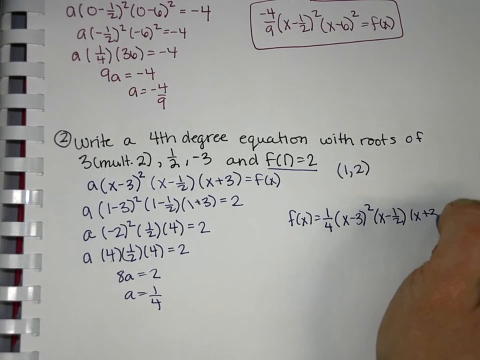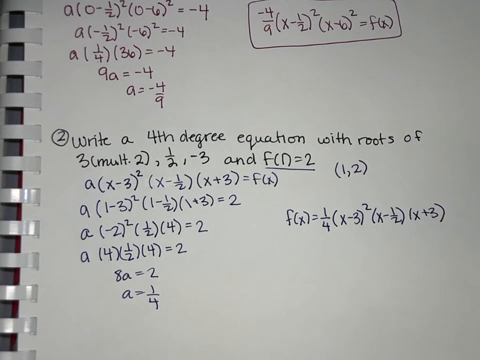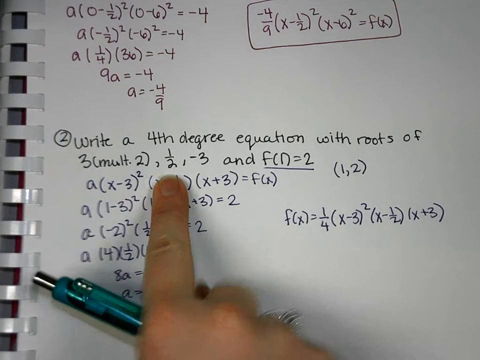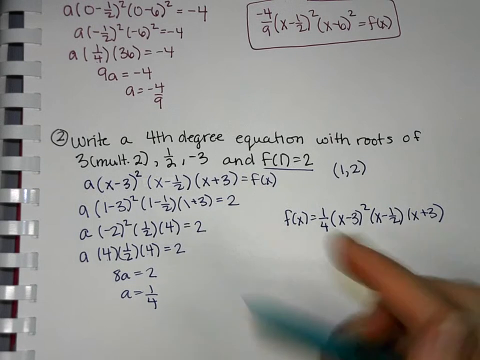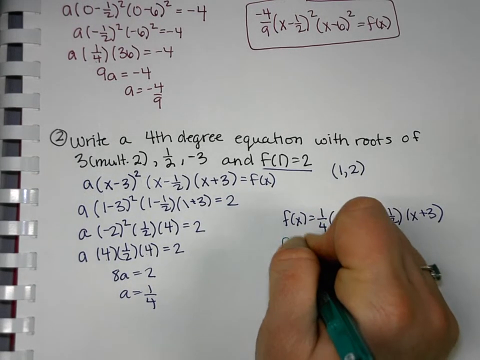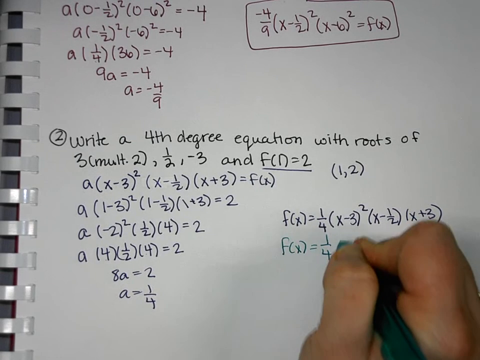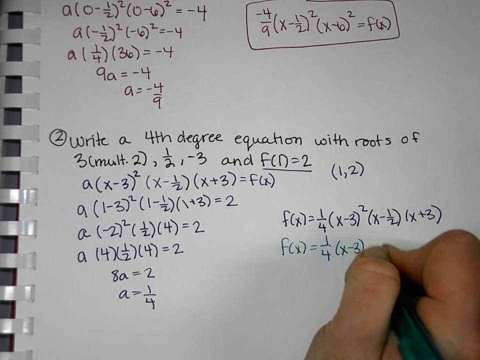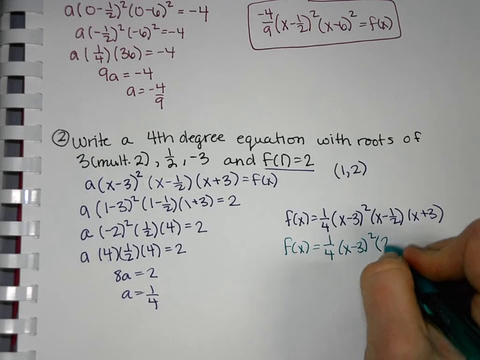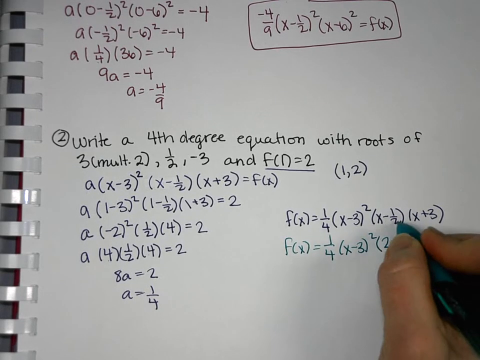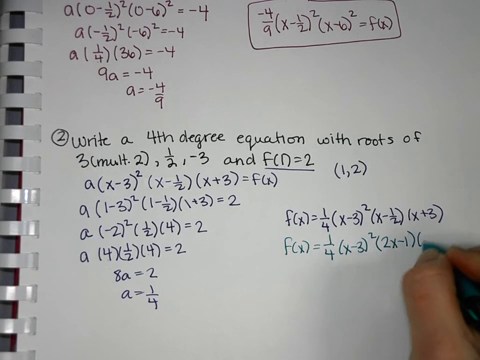Now, one thing that you can do whenever you have a fraction like 1/2, if you would like, you could write your 1/2 instead of doing x minus 1/2. It's the same as if you were to do 2x minus 1. So bring the 2 as the coefficient of x.